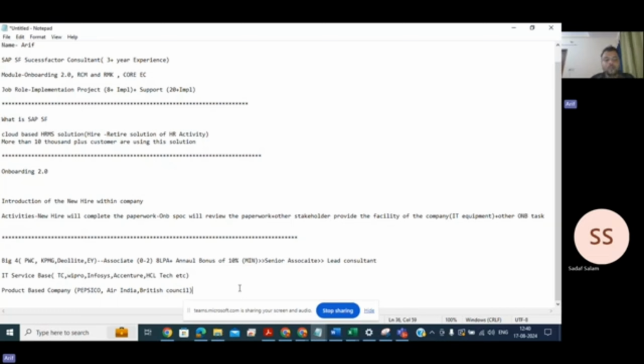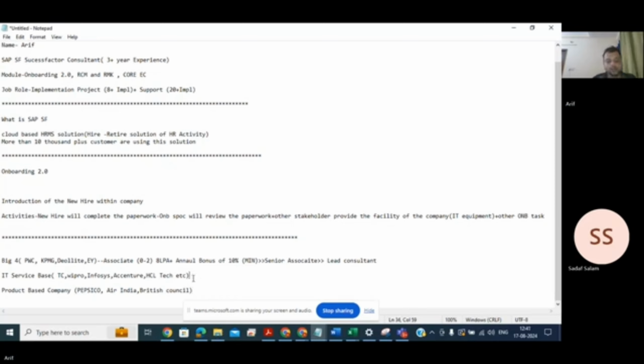Once you move out from the big four towards product based companies, there would be a hike of approximately 60 to 70% in your salary in the big product based companies. So there is always a win-win situation for a SuccessFactors consultant in the industry.